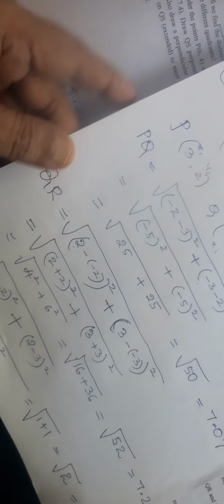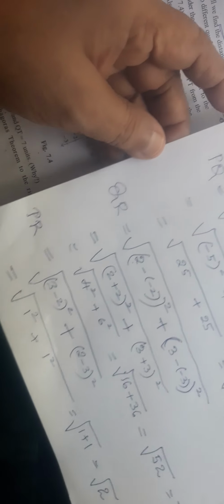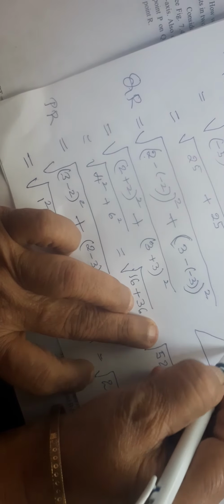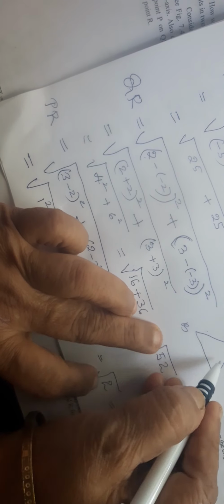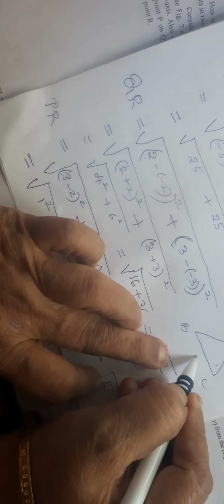Now see, there is one property which you should always know. If 3 points have to form a triangle, you have heard this rule in your smaller classes: if there is a triangle, then the sum of two sides will be greater than the third side.